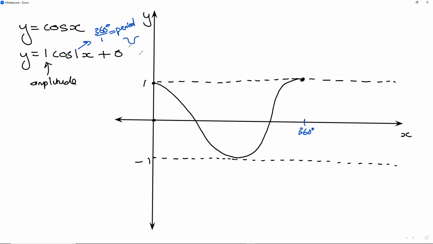Now, I've got cos 1x, and I can see that my period is 360 degrees. Let's keep it in a single color so that once we transform it, we can change it. Halfway over here, I end up at 180 degrees. A quarter way, I end up at 90 degrees. And over here, I end up at 270 degrees.